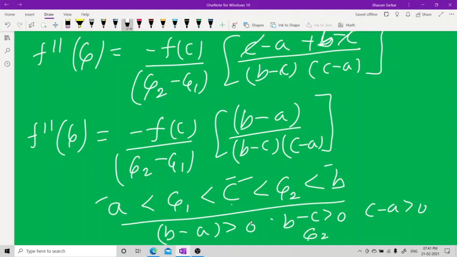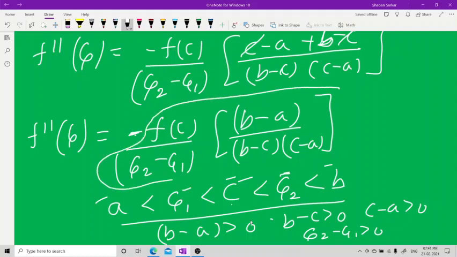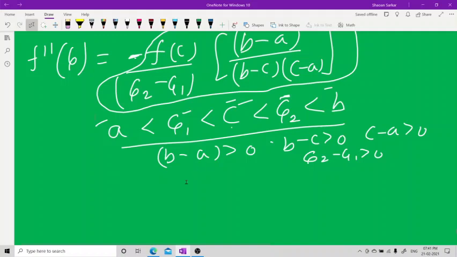And zeta 2 minus zeta 1 is also greater than 0. So this whole quantity other than the minus is positive, but there is a minus sign outside. Therefore, f double dash zeta is less than 0.